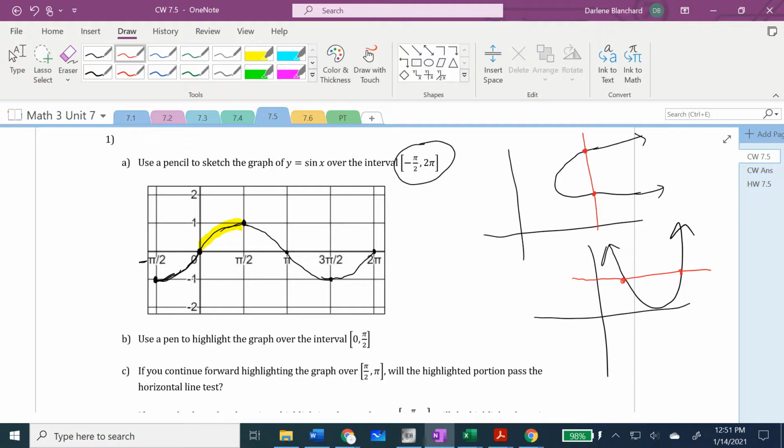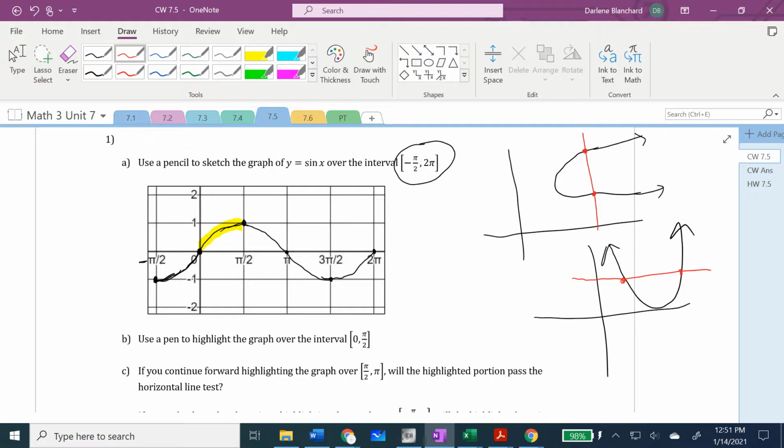Like if you say, hey, my x coordinate is this, you know which point on the inverse function you match with, because its y coordinate is your x coordinate.